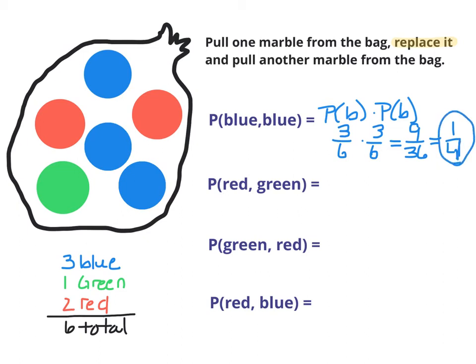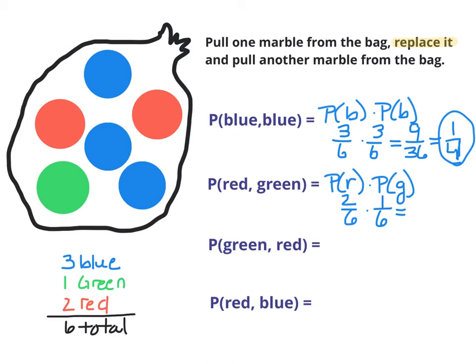All right, let's look at the next probability. Probability of pulling a red from the bag and then a green. So I want to know what's the simple probability I'll pull a red from the bag first, and then the probability I will pull a green after I replace it. So I have 2 red marbles out of 6, so the probability of pulling a red out of the bag would be 2 out of 6, and then the probability of pulling a green out of the bag would be 1 out of 6.